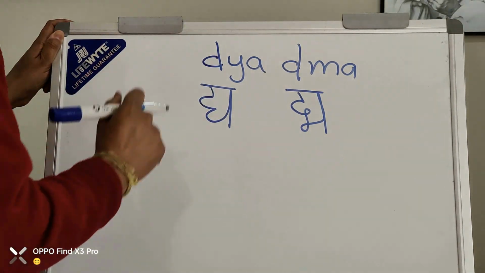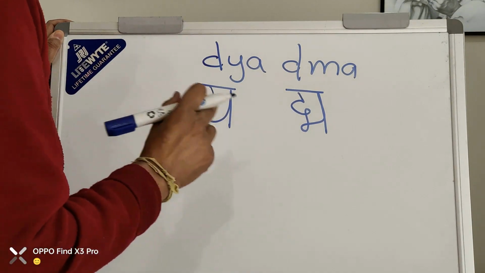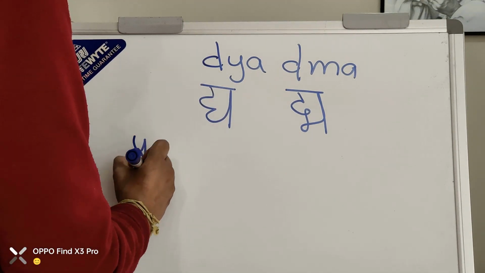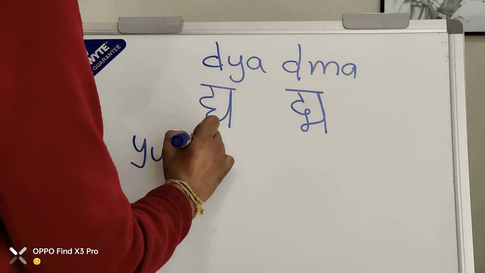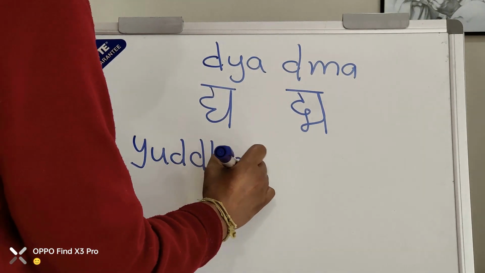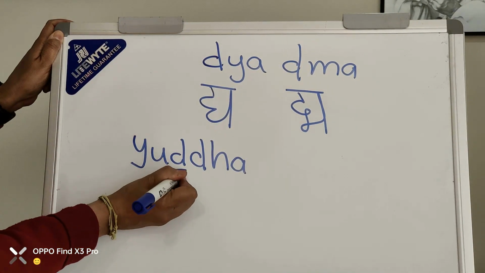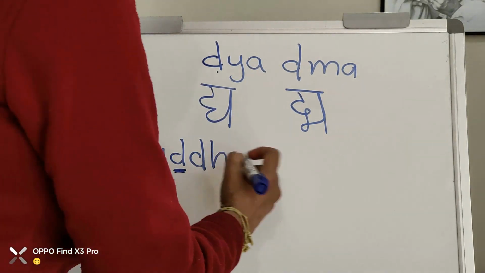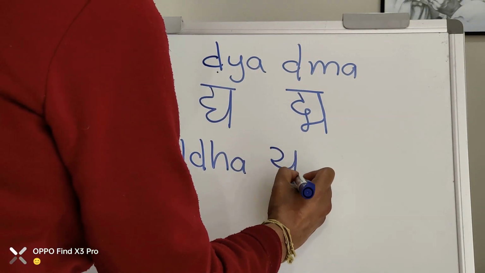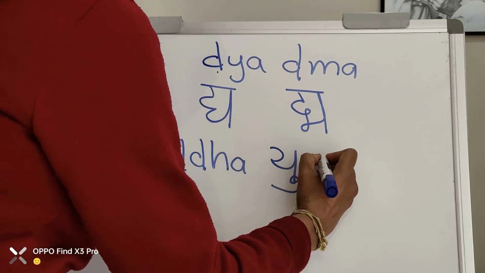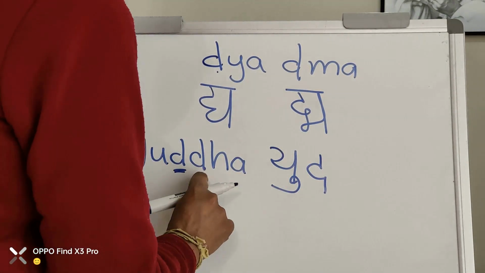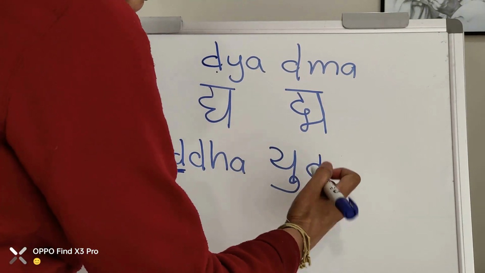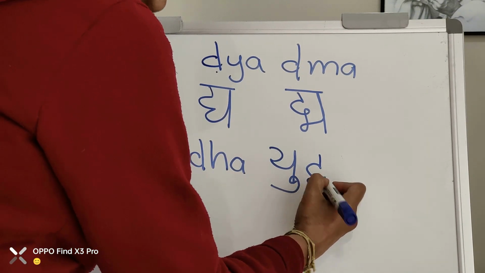Now, similarly, if we want to write, let's say, ddha. So, yuddha. Here also, it is half the d and the full dh. So, how do we write that? You, this d, and this is your half d, okay? The full dh will sit under this.